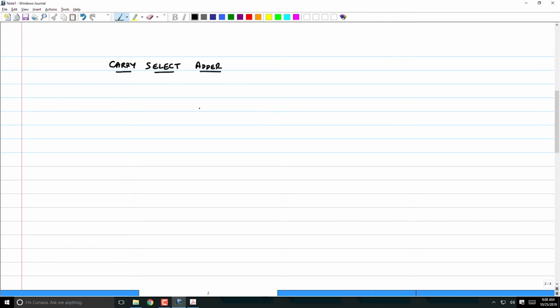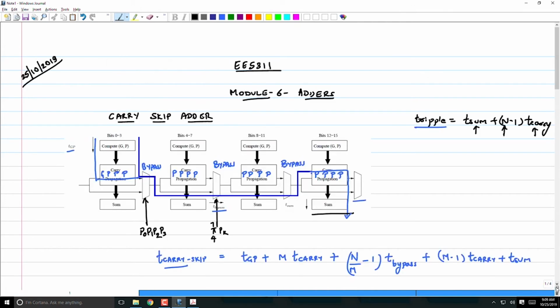So, the point is very simple. The carry in that is going to come to this final stage here, this C in, is going to be either 0 or 1. It's a bit. Therefore, you double the hardware and evaluate the sum and carry for both C in equal to 0 and C in equal to 1 and keep it ready.